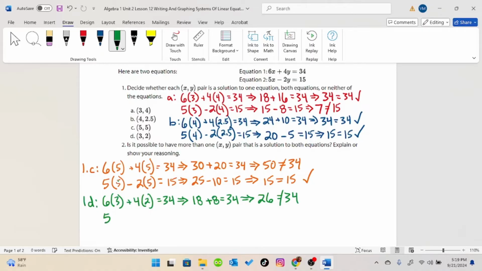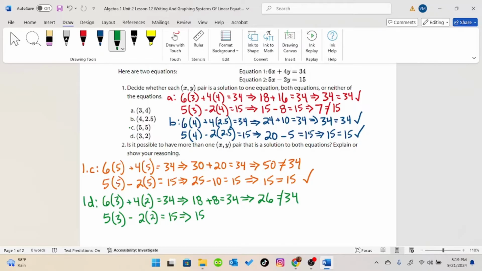Next, we have 5 times 3 minus 2 times 2 equals 15. 5 times 3 is 15.